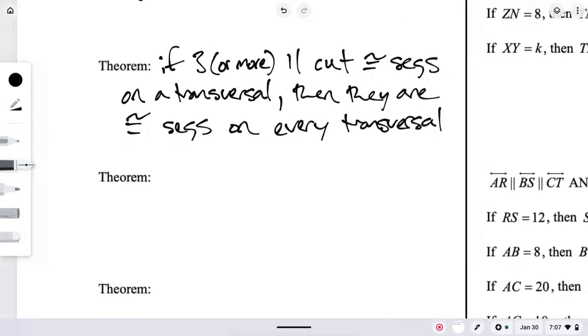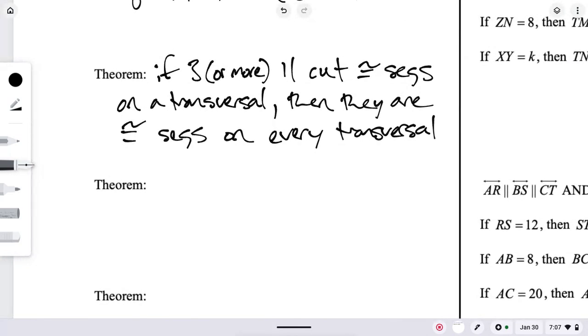So these are kind of wordy, I know that, but definitely worth it when it's all said and done.